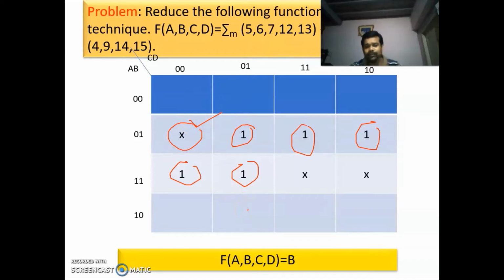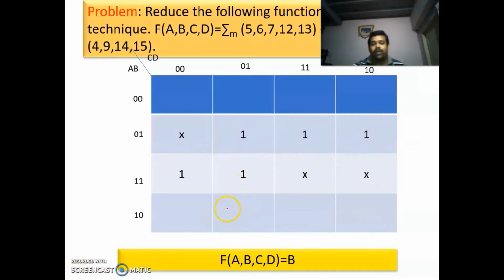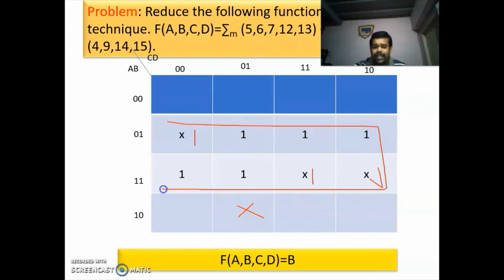So 4 places you have don't cares. Now if you consider these don't cares as 1, then you can group these as 8 ones so that you can reduce the expression.